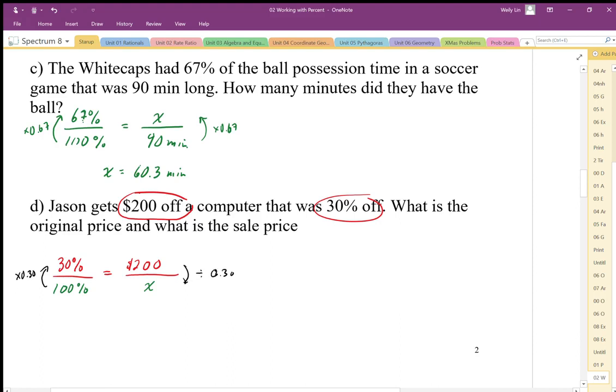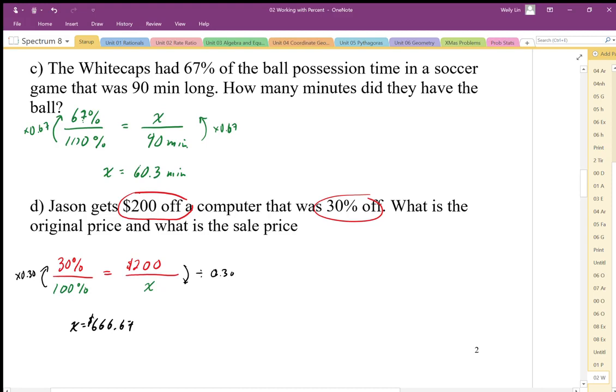And when I do that, the original price is going to be 200 divided by 30%. We get $666.67. Okay, so that's going to be the original price.